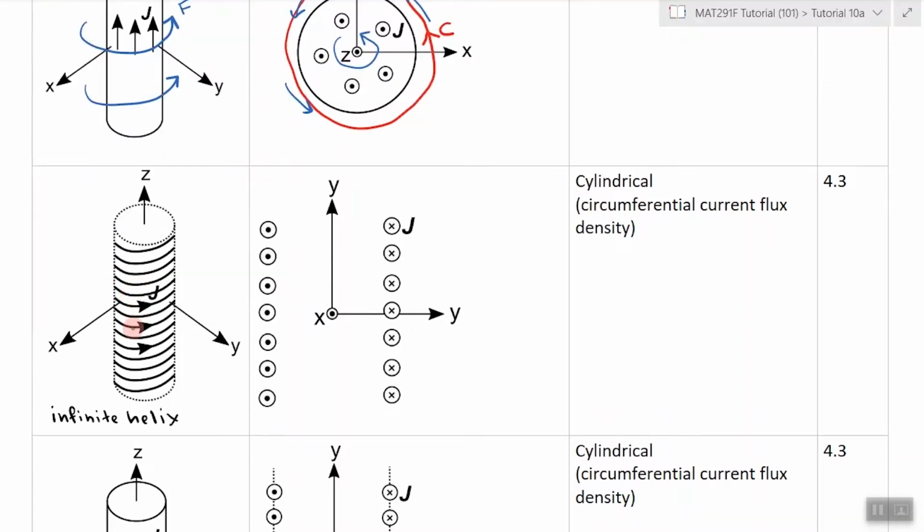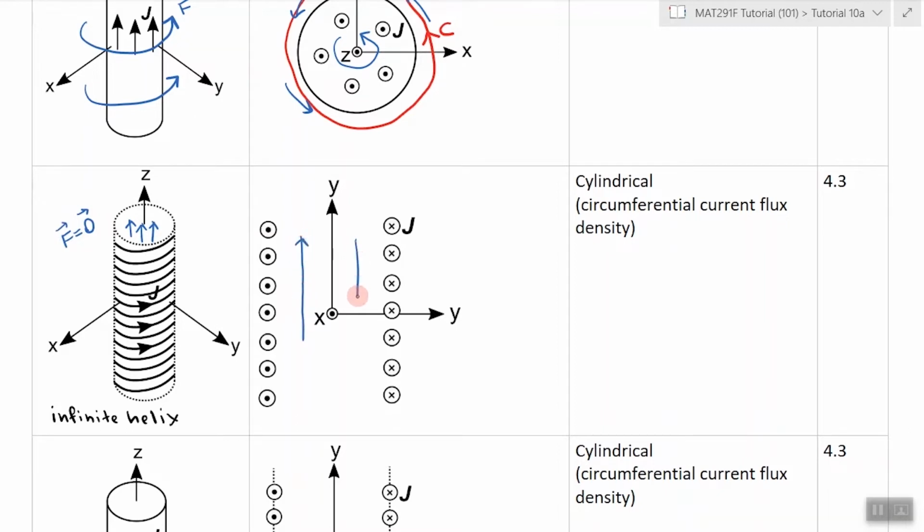You could imagine aligning your thumb to the current density, and as a result, your field would go like this. Now, I want to mention there will not be any field outside of this helix. We had a discussion in tutorial 8 about why this is the case and why it's a very good assumption to have.